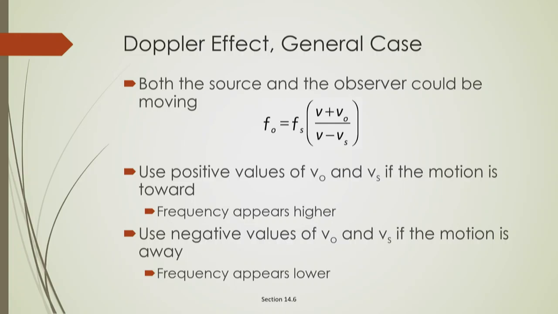You know you're going to have a question to calculate the wavelength or the frequency or the speed. You know you're going to have a Doppler effect question. Good? I'm still writing. Yep, good.